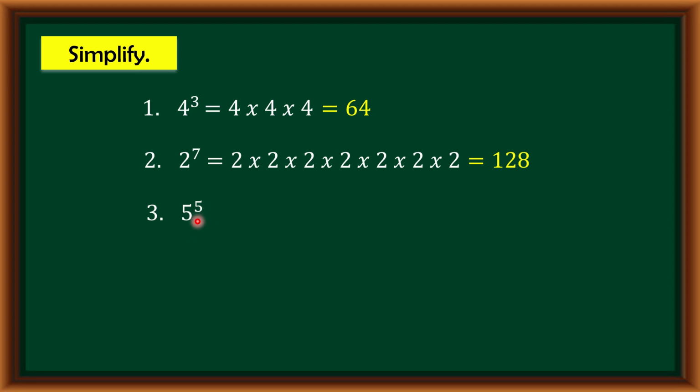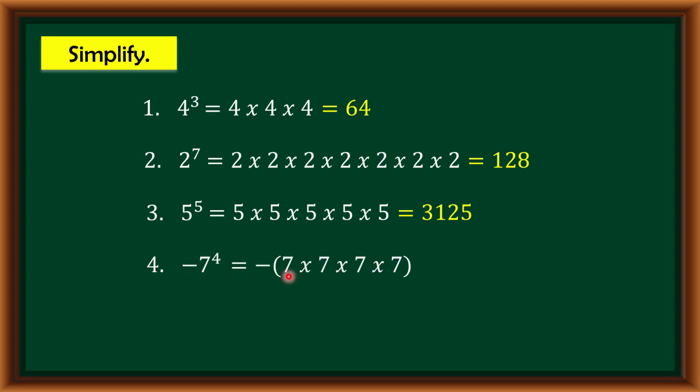So we have 5 times 5 times 5 times 5 times 5, which is equal to 3,125. So let us try number 4. Negative 7 raised to 4. So in this case, negative is not included since it is not written inside the parentheses. So meaning, we just multiply 7 four times excluding the negative sign.